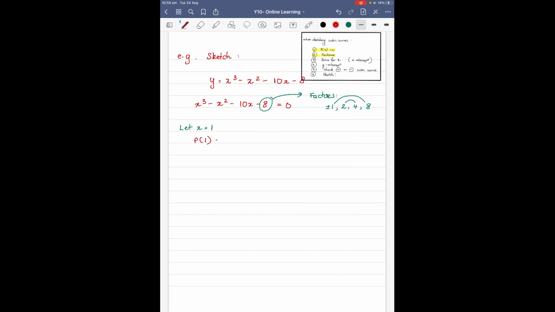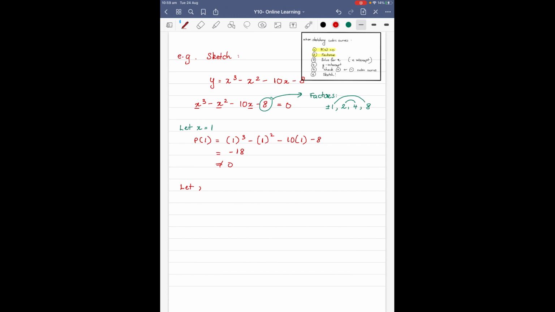So P(1) equals, we're going to sub every single x value as 1. So 1 cubed minus 1 squared minus 10 times 1 minus 8. Put it all into your calculator, you should end up with minus 18, which is not a 0. So it's not a factor.